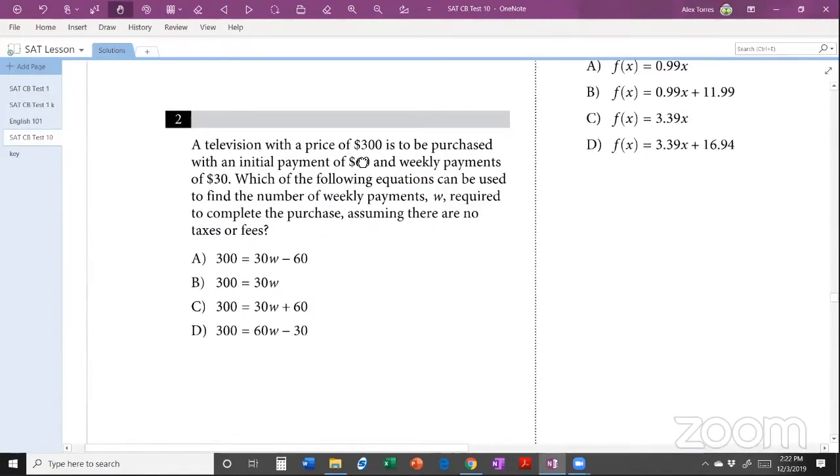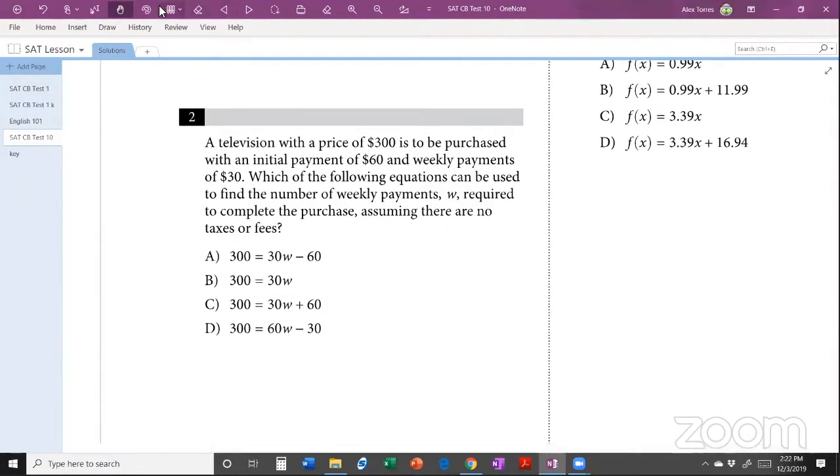Moving right along to this question here. We have a television with a price of $300, an initial payment of $60, weekly payments of $30, and we're looking for the equation. So this is just your classic y equals mx plus b situation. We have the initial payment of 60.